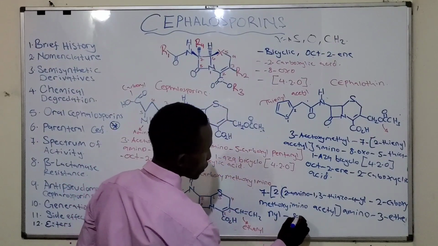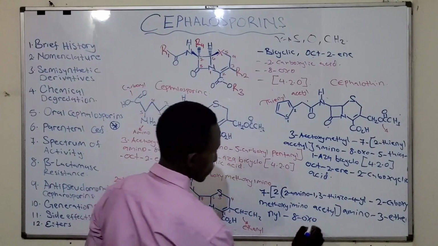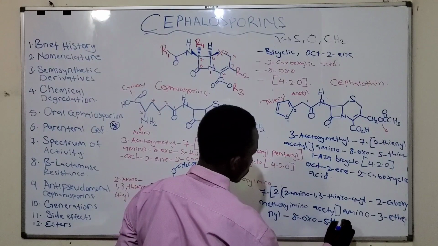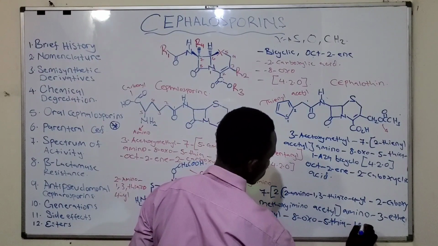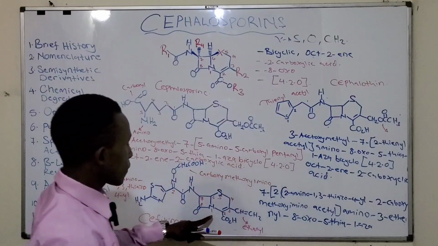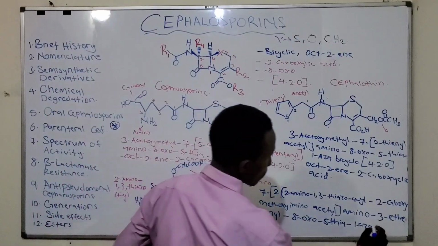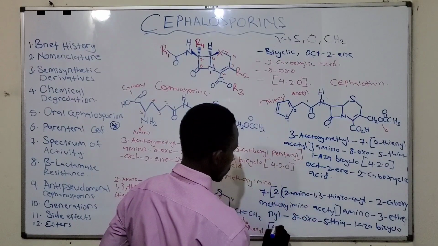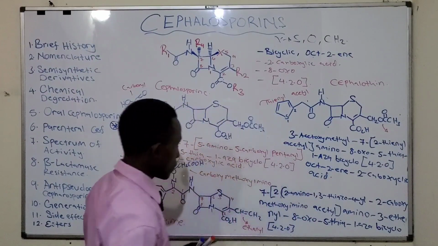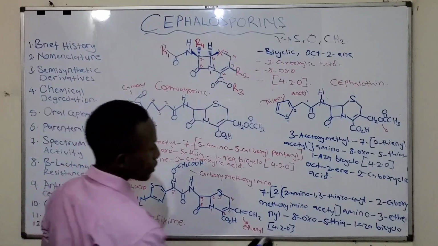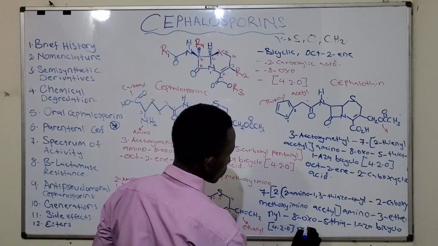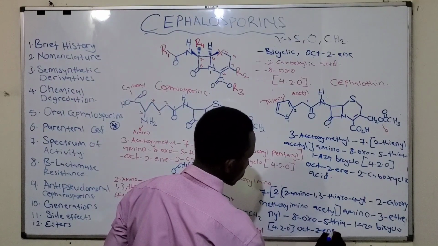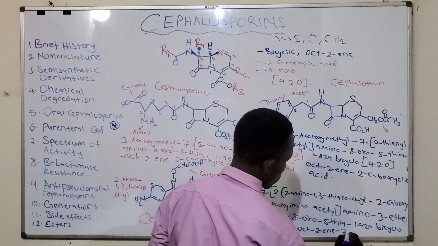Then we come to 8 oxo, 5 thia, 1 aza bicyclo 4 2 0 oct 2 ene, then 2 carboxylic acid.